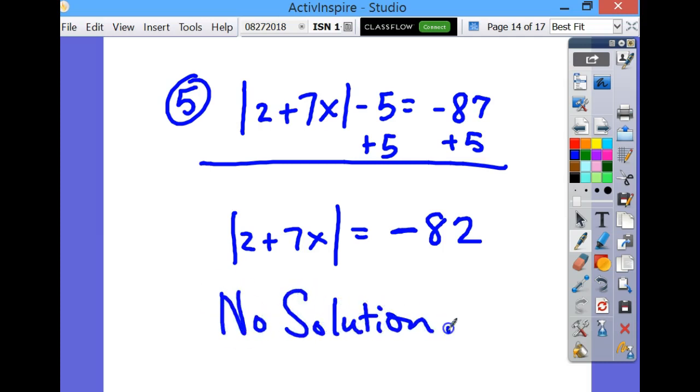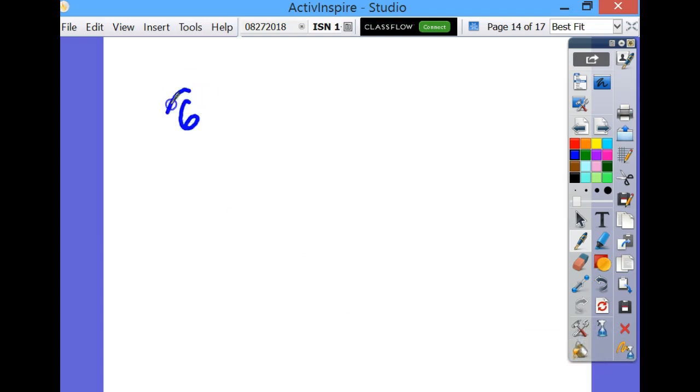Now, you must isolate it first. You cannot just look at problem number 6 and say equals -50, no solution. Because what's the first step on problem number 6? So on problem number 6, how are you going to isolate?